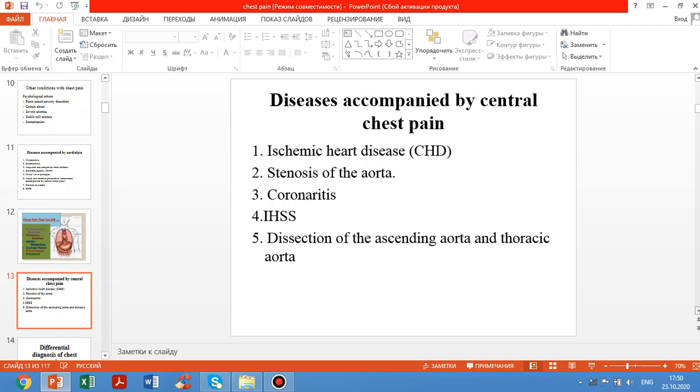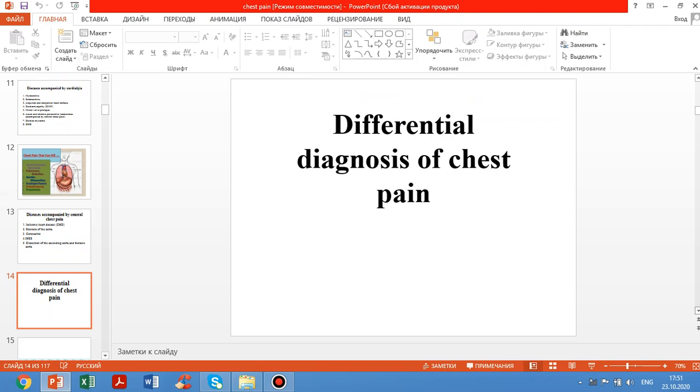Diseases accompanied by central chest pain are as follows: ischemic heart disease, stenosis of the aorta, coronaritis, idiopathic hypertrophic cardiomyopathy. Dissection of the ascending aorta and thoracic aorta are also accompanied by central chest pain.